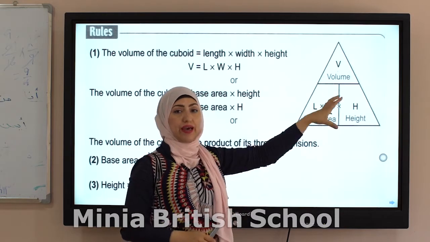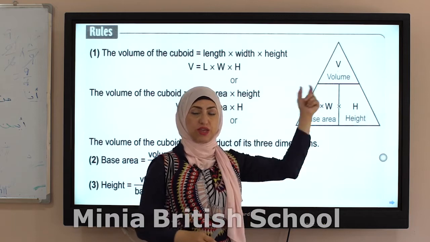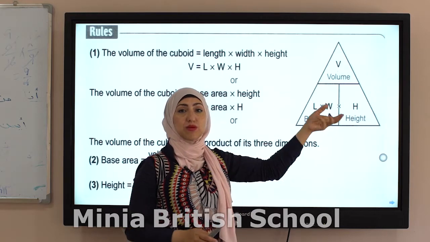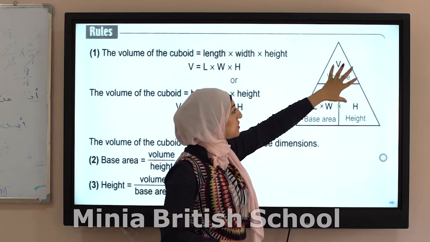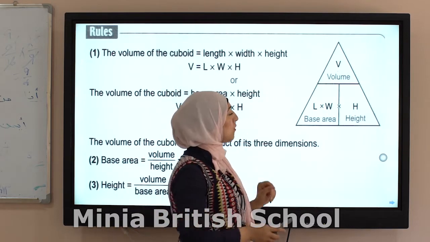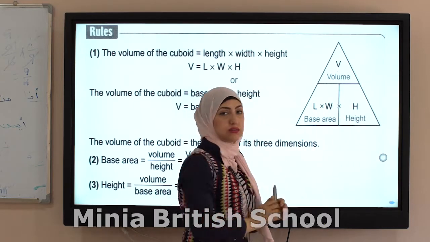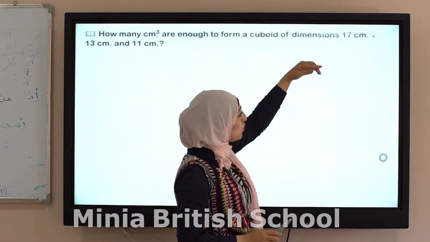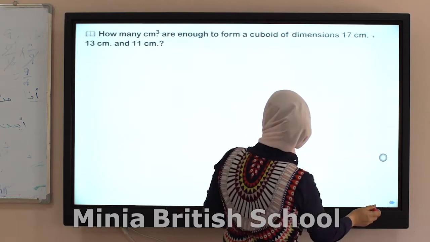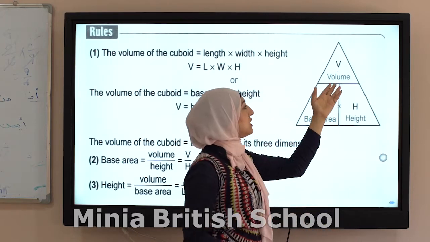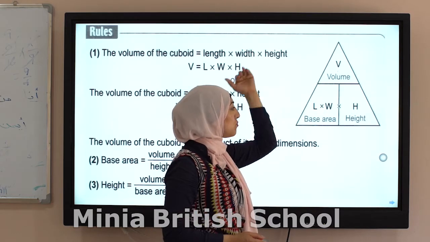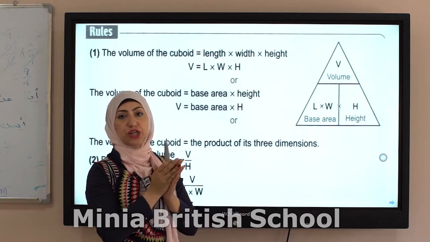From this, I can find the height if he asks about the height, or the length, the width, or the area. From this triangle, I can find any of them. If he asks about the height, it means volume over length times width, or volume over the area if he gives me the area.